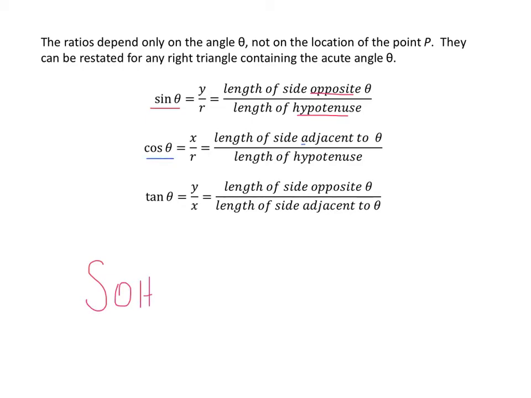Cosine is adjacent over hypotenuse. And tangent is opposite over adjacent. We call this acronym SOHCAHTOA. It's the way that you remember which components of the triangle go with each trig function.